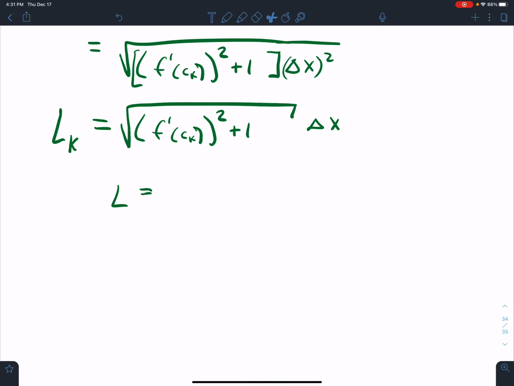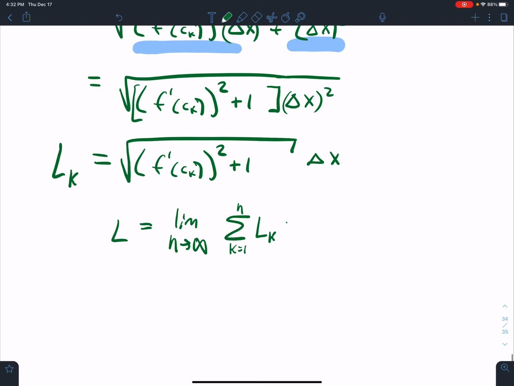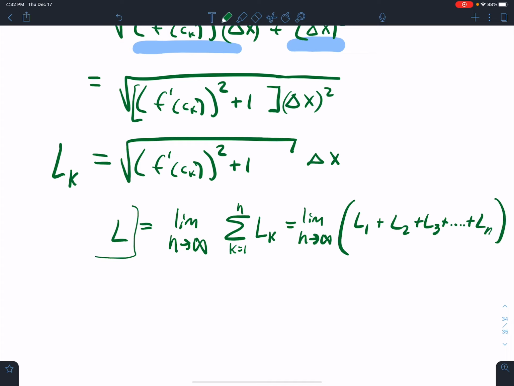So L, the real arc length, is equal to the limit as n goes to infinity of the sum from k equal 1 to n of the LKs. So this is a fancy way to say the limit as n goes to infinity of L1 plus L2 plus L3 plus all the way out to Ln. If I take that limit to infinity, I get the real arc length.